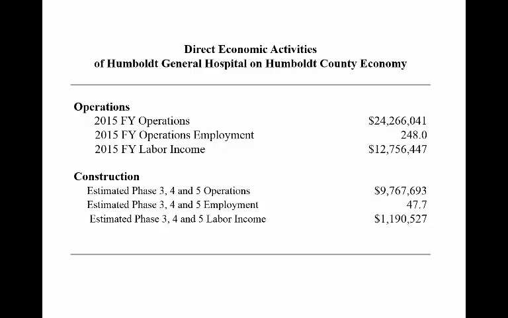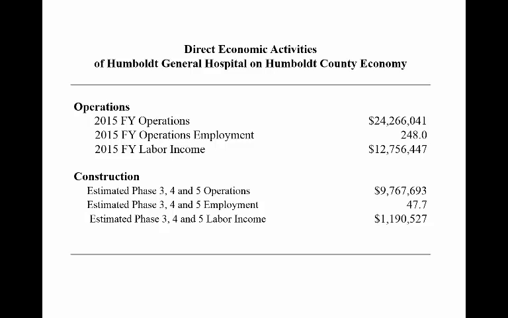And the construction data came with assistance from Mike Shepard of Michael Clay Corporation, which assisted us in obtaining information for phase 3, 4, and 5 of these three different construction activities. What we had to do is we're deriving the economic impacts that occur in Humboldt County from Humboldt County activity.